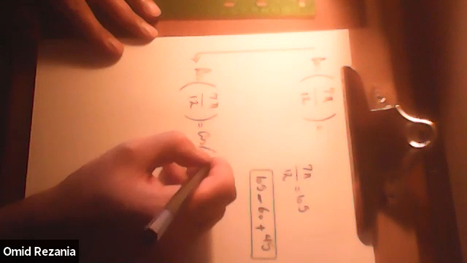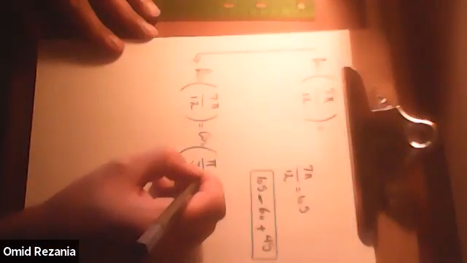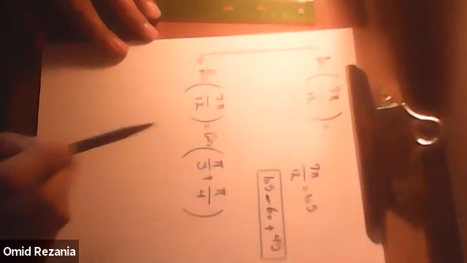How much is 60 in radians? Pi over 3, that's right. And how about 45? Pi over 4. That's right. Thank you.